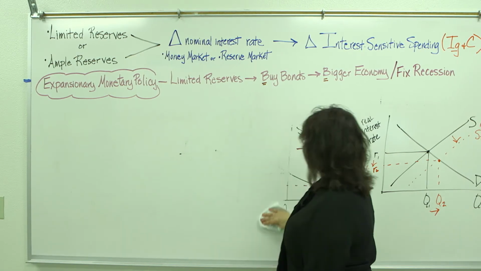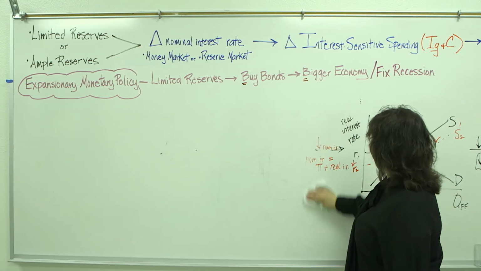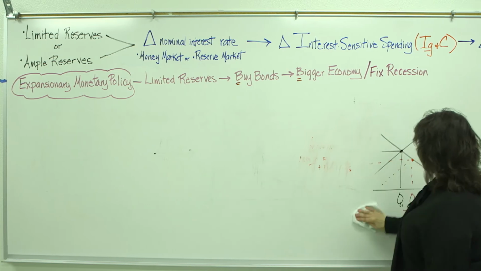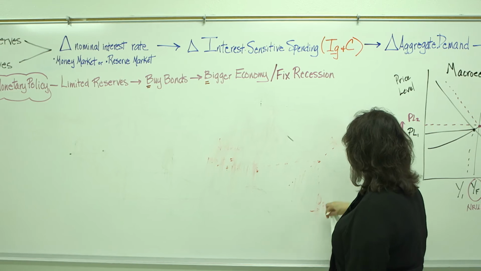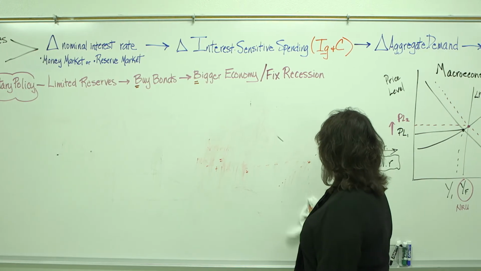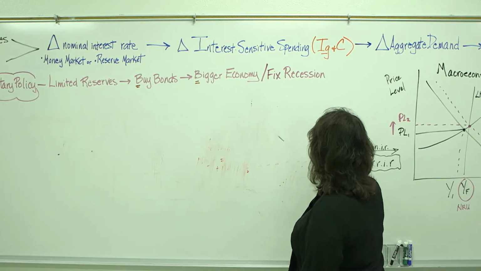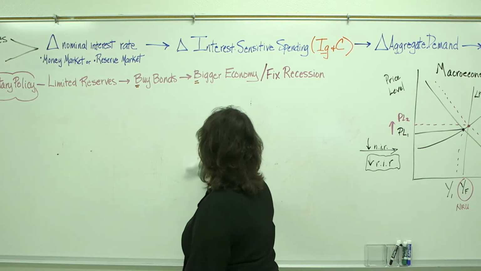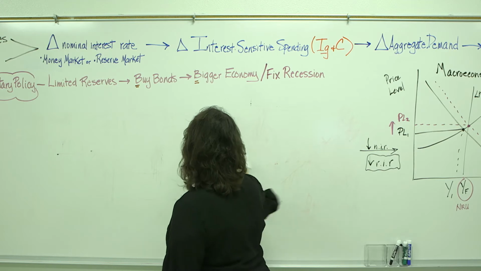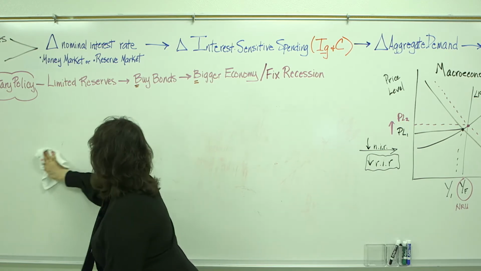The reserve market is more commonly used with the ample reserves system, but you can see what the federal funds rate looks like with limited reserves also.